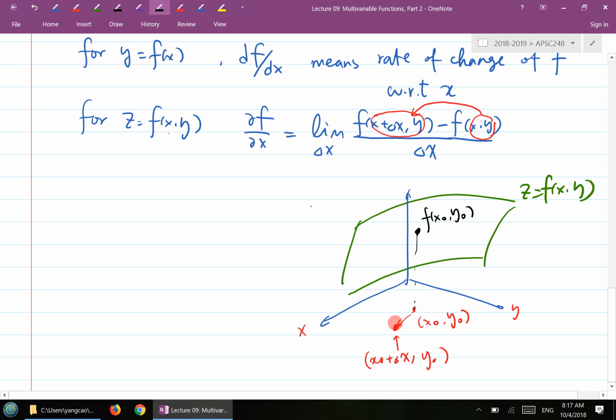After the move, it's right here, and this point is f of x naught plus delta x, y naught. Is that good?